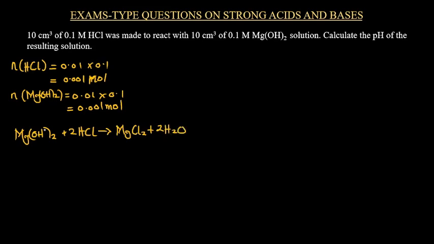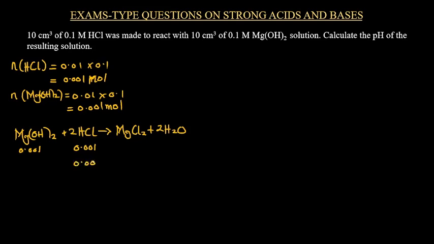All right, initially we have 0.001 mole of magnesium hydroxide, and we also have 0.001 mole of HCl, while we have none of the products in the solution. Then at equilibrium, all of the HCl is consumed, so it will be left with 0.00.